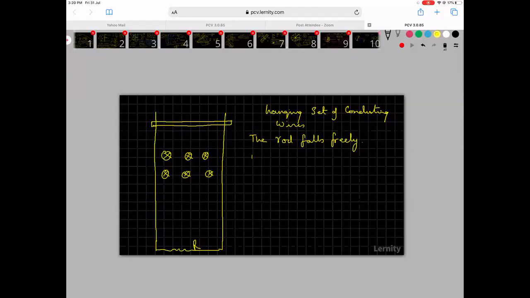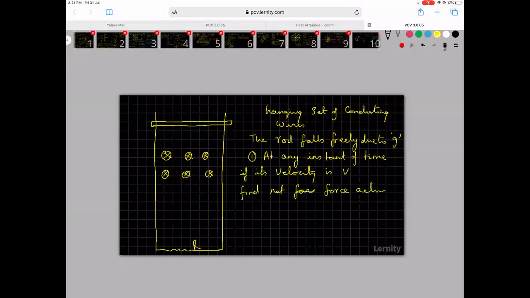Question 1. At any instant of time, if its velocity is v due to gravity, find the net force acting on the rod.